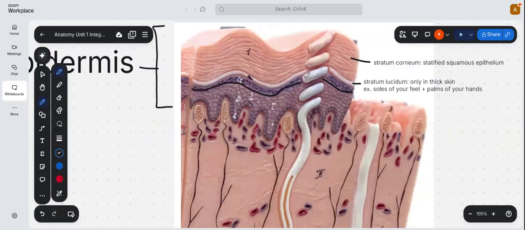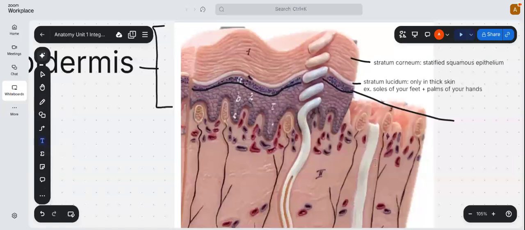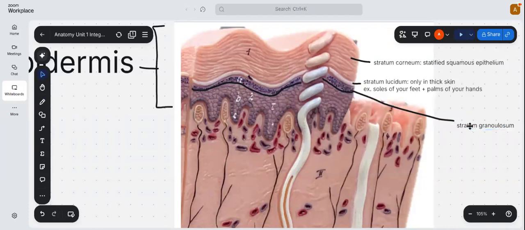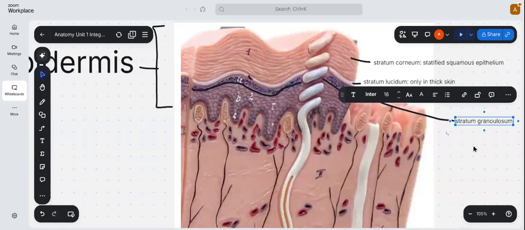So all of that purple layer. And again, that is your stratum granulosum. There isn't anything special that you really have to know for this layer of skin other than its name.